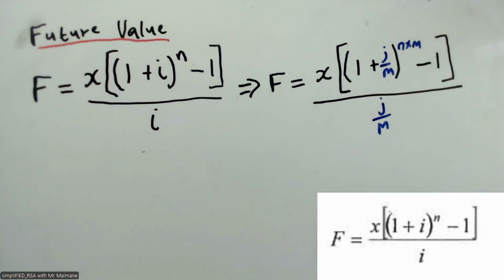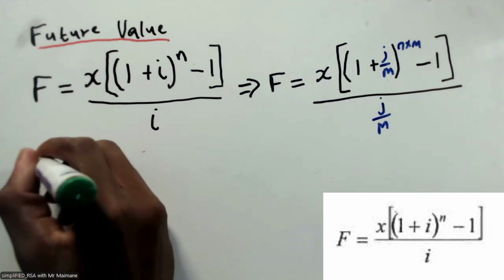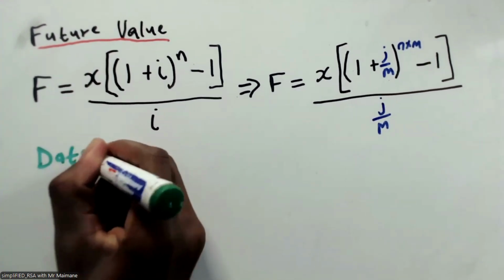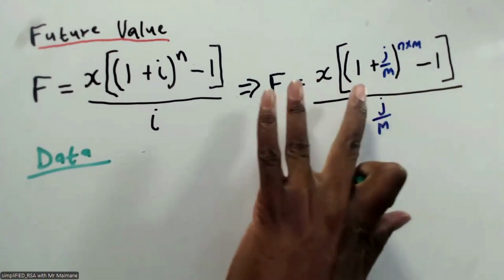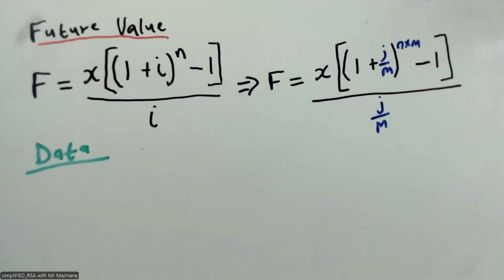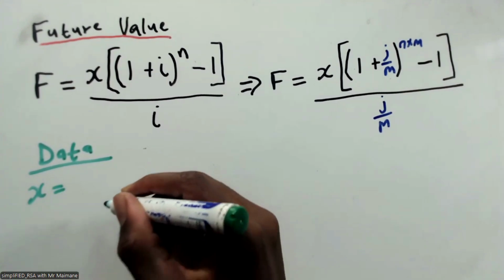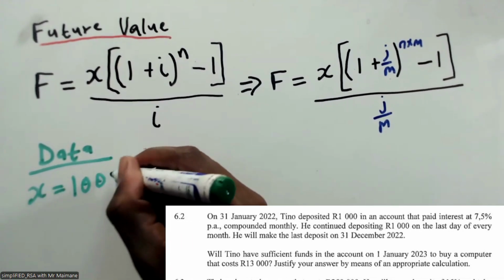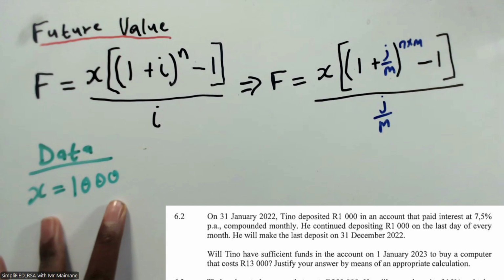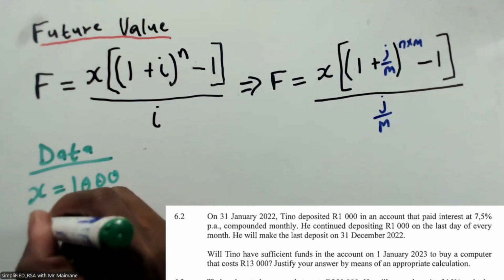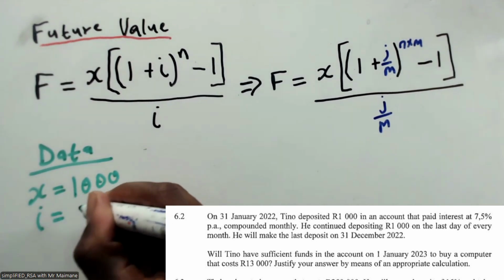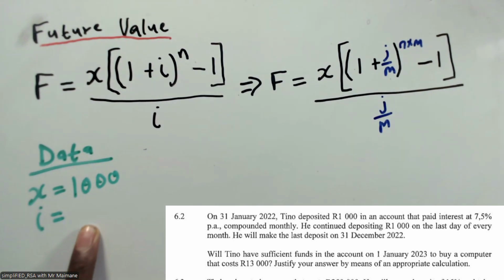Now, let's have a data set to show what information I have based on the variables on the formula. The information that I have is that X, which is the payments that are done monthly, Tino is depositing 1,000 rand. Also, I know that the interest rate is 7.5%.